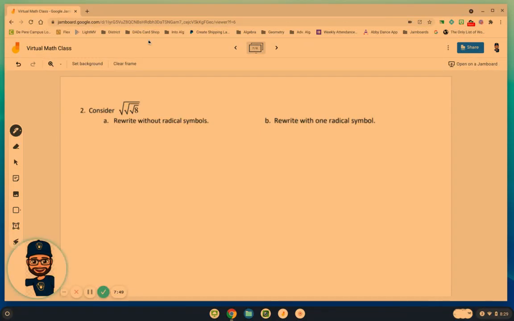Let's take a look at this one. Rewrite it without radicals. So basically that means rewrite it with a fractional exponent. Well, there's a 2, a 2, and a 2. So I multiply the numbers on the ledge. 2 times 2 times 2 is 8, or the 8th root of 8, which means 8 to the power of 1/8.